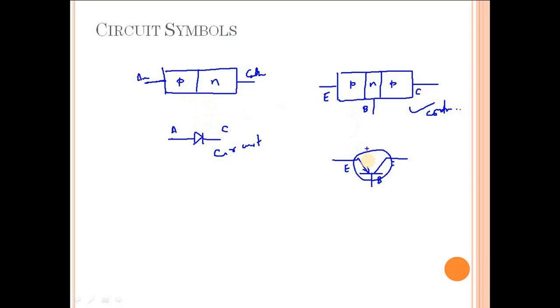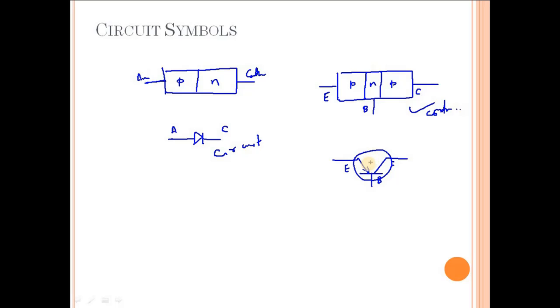Similarly, this is the base layer in this symbol of the PNP BJT. In this symbol, this line represents the base layer, this line represents the collector layer, and this line represents the emitter layer. So here we have a junction from P to N, and when this PN junction is forward biased, the current flows from P to N, and that is what this arrow symbolizes.